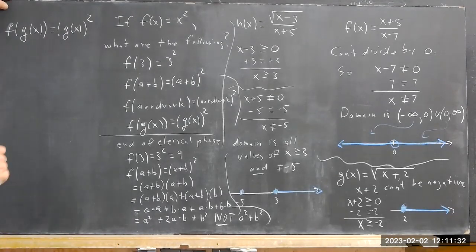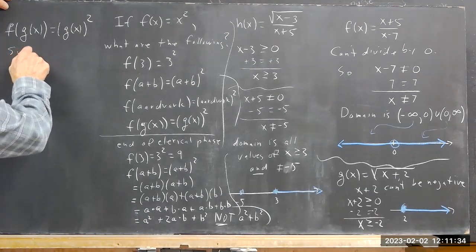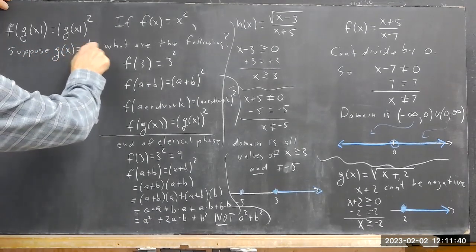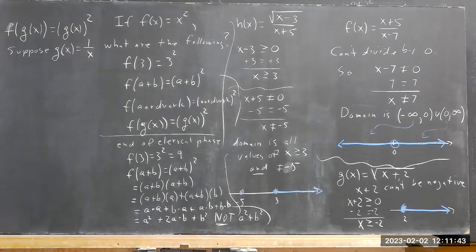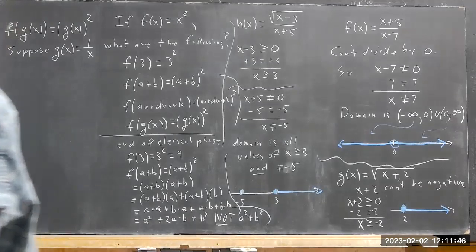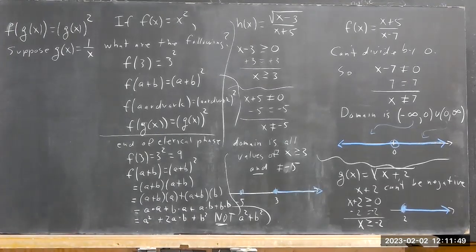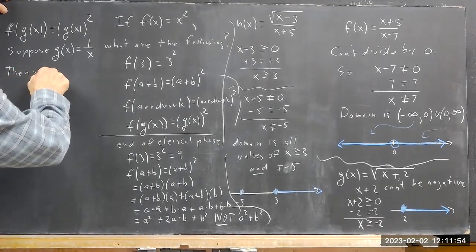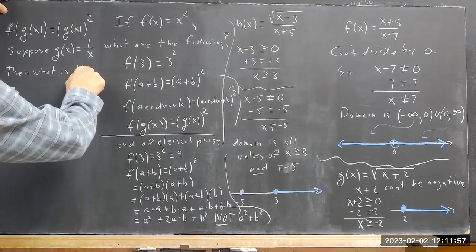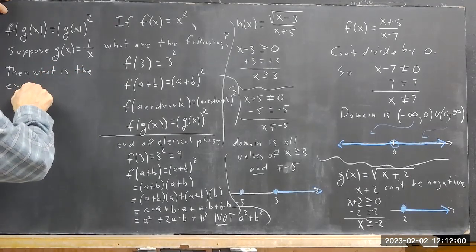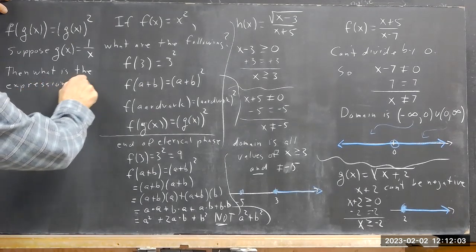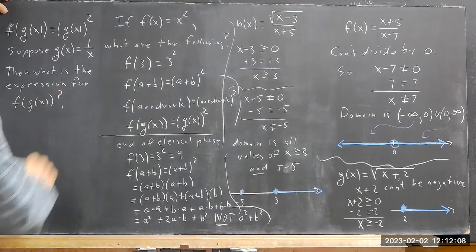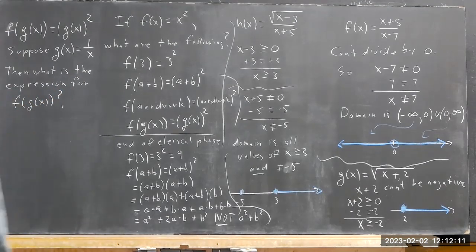Now, suppose g of x equals 1 over x. What's the expression for f of g of x?